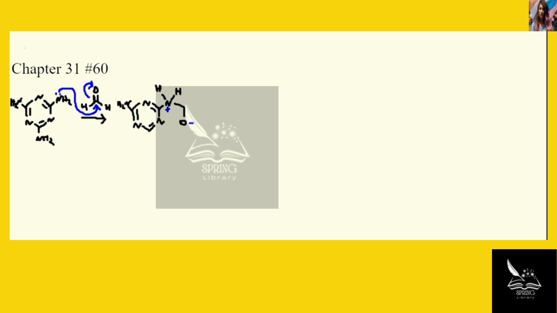And in order to relieve those charges, a proton transfer is going to take place. So we can draw that as a lone pair of the oxygen taking this hydrogen, the electrons of this nitrogen-hydrogen bond reverting to the nitrogen. So that's going to relieve both of these charges. So that's just a proton transfer.